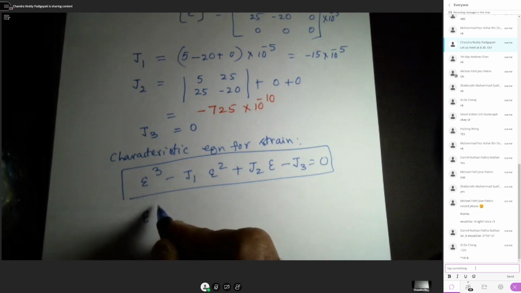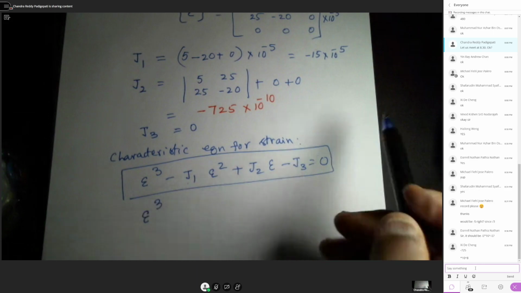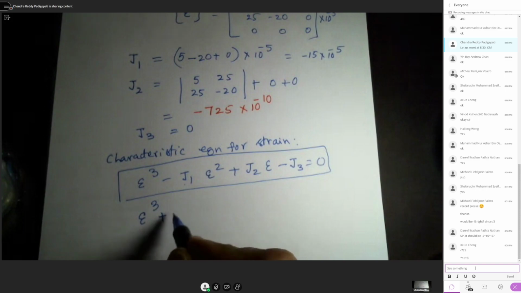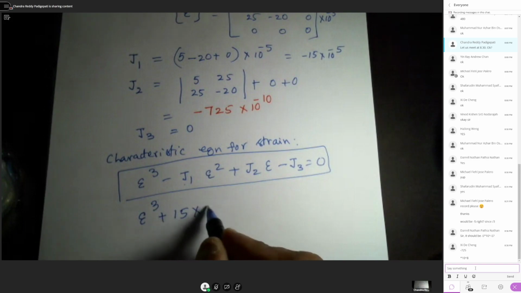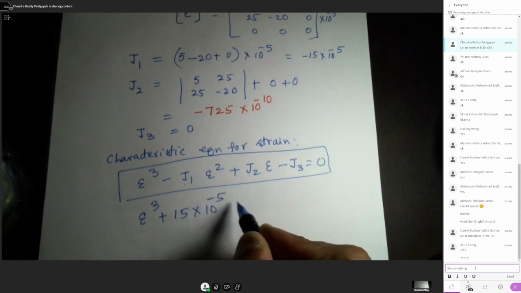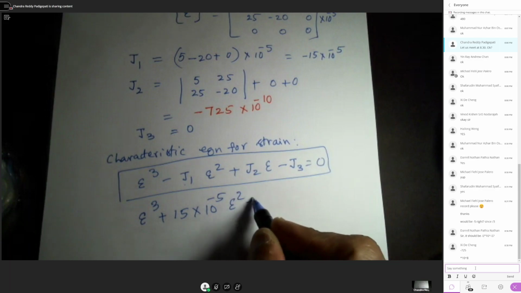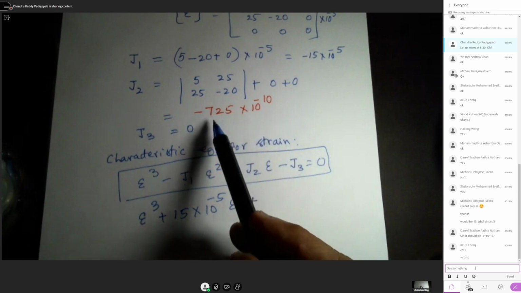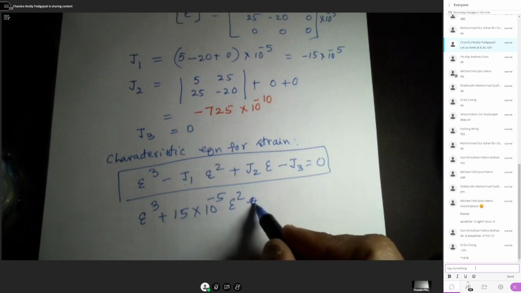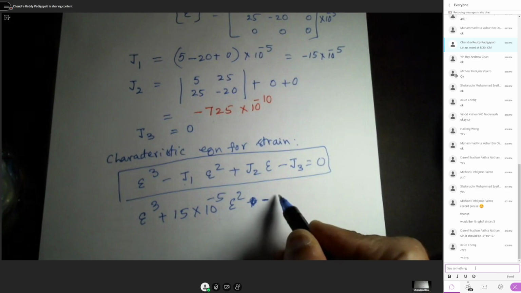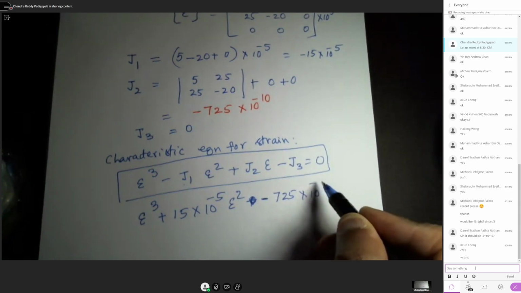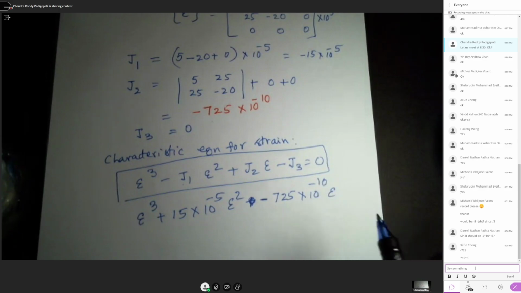You get epsilon cube minus J1, so minus into minus gives plus 15 into 10 power minus 5 epsilon square, plus J2 into epsilon, so minus 725 into 10 power minus 10 epsilon.